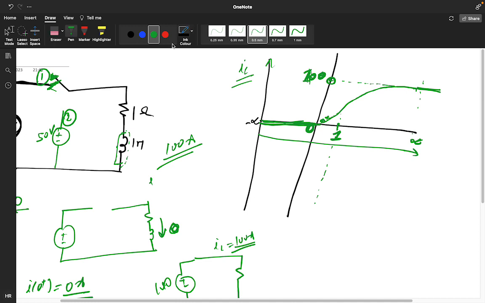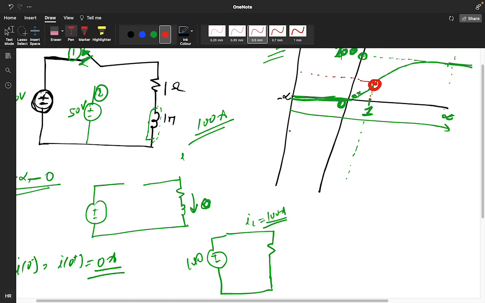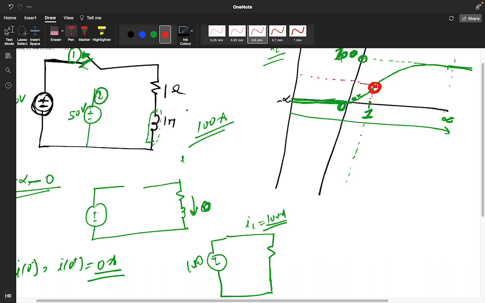So this is 100 ampere current, but the story is different, you know. What is the story? At 1 second the supply is getting changed. Means this is becoming your initial current, like I of 0 was.